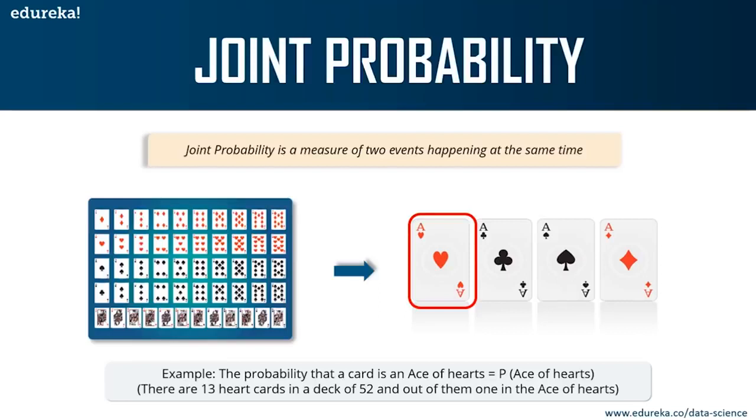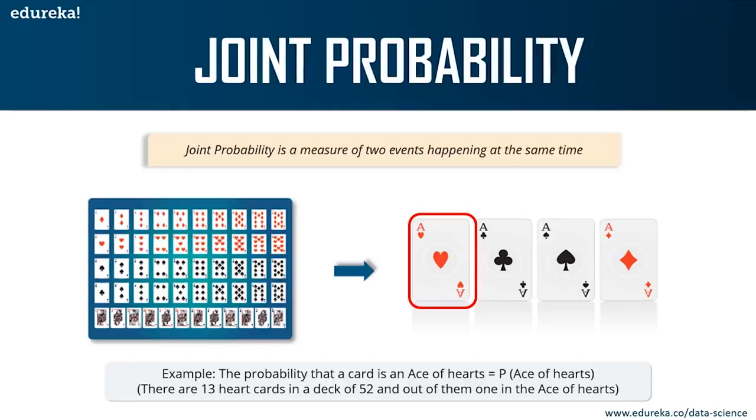The answer will be 2 by 52 because we have a 4 in hearts and a 4 in diamonds, correct? Both of these are red in color, therefore our probability is 2 by 52. And if you reduce it further, it is 1 by 26, right? So this is what joint probability is all about.